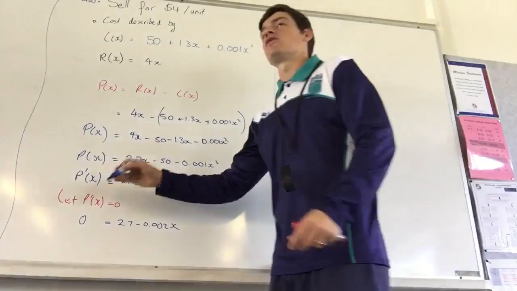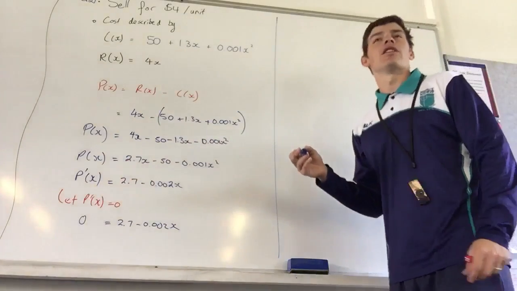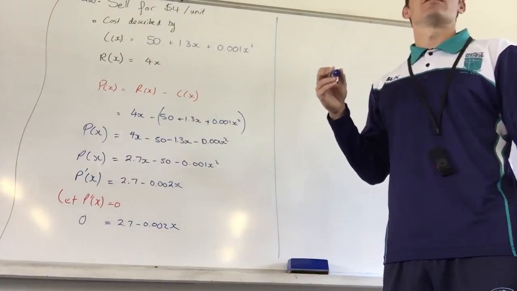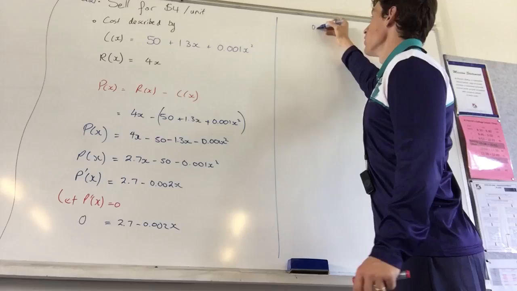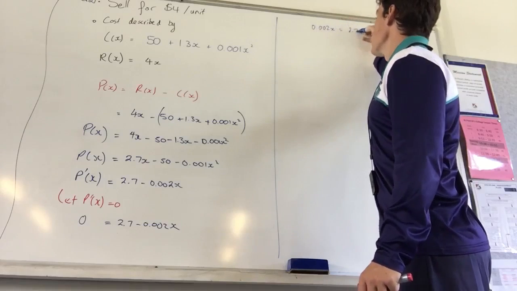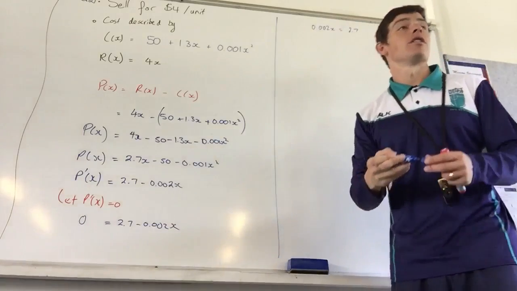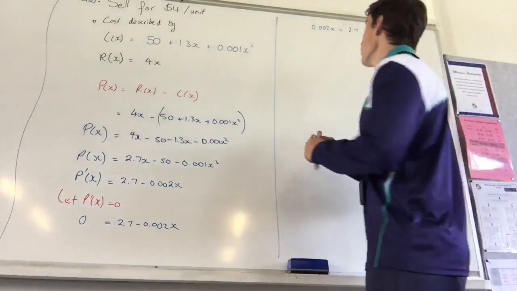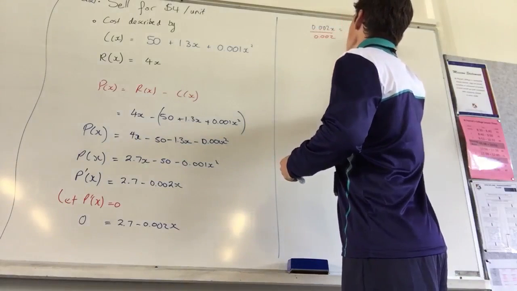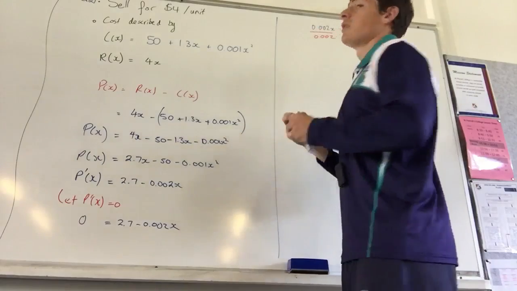Shouldn't I rearrange this first and isolate my unknown variable x by adding 0.002x to both sides, which would get me 0.002x equals 2.7. How do I isolate my x now? Divide both sides by 0.002.